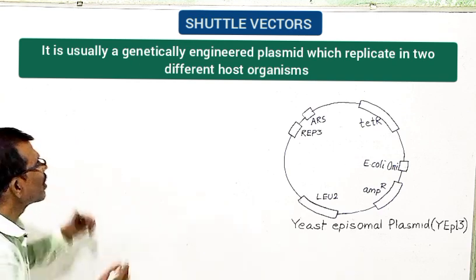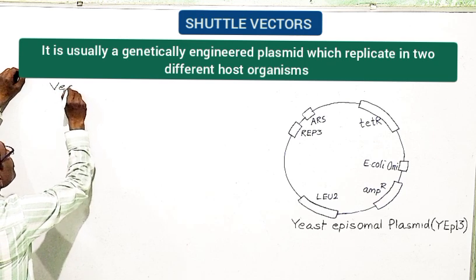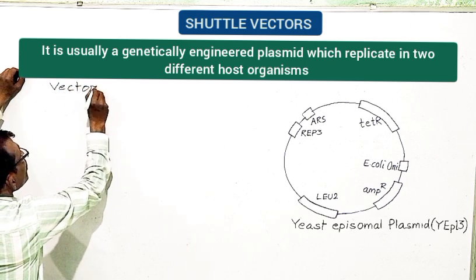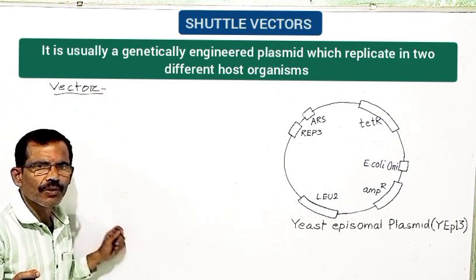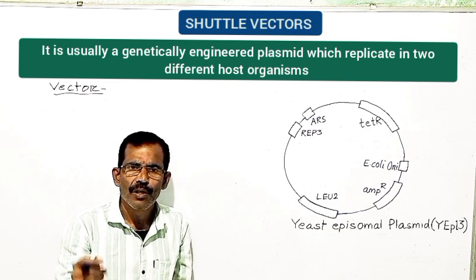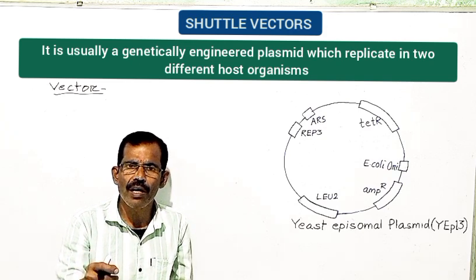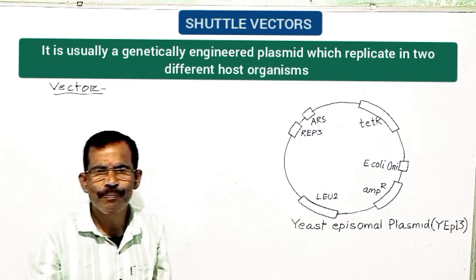First of all, let us know what a vector is. A vector is a DNA molecule, commonly a plasmid or a virus, which is used as a vehicle to carry foreign genetic material into a cell where it can be replicated and/or expressed.